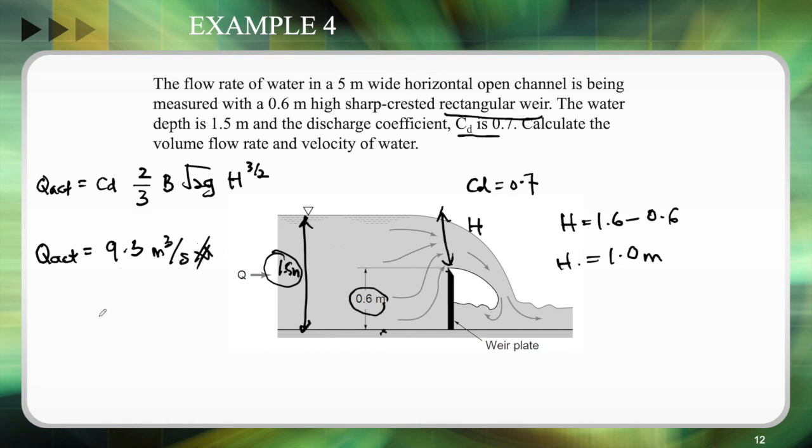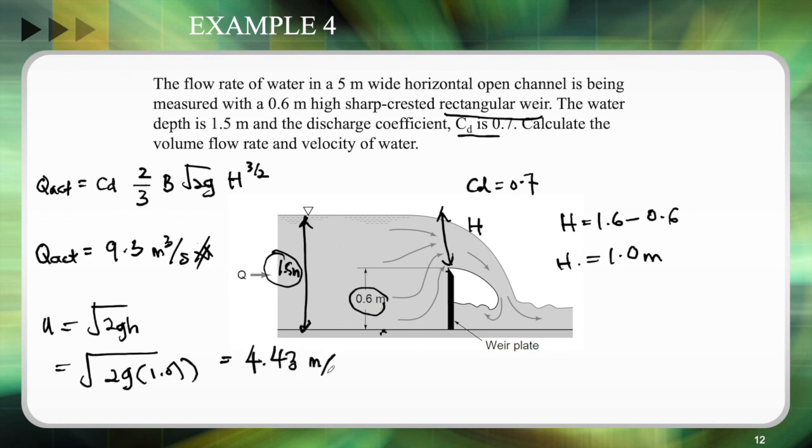What about the velocity of water? For the velocity of water, as I showed before, we will use square root of 2gh. This h is the head over the notch. So you substitute 2 times 9.81 times 1, square root, and you will get 4.43 meter per second for the velocity at the notch.